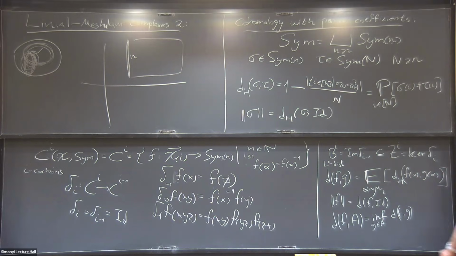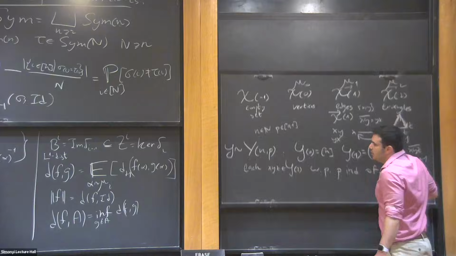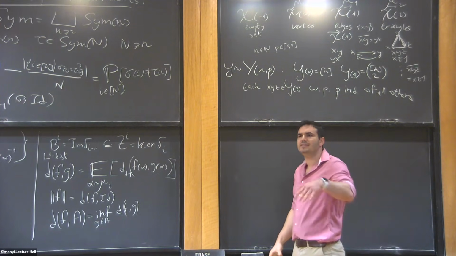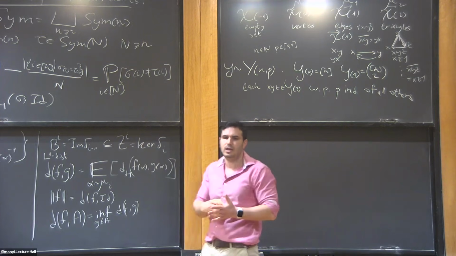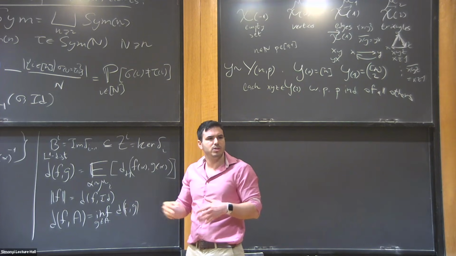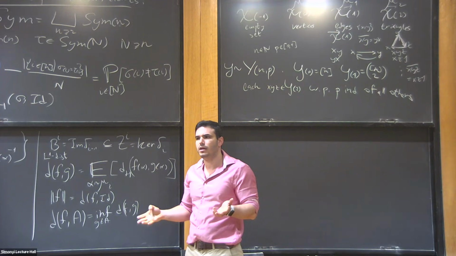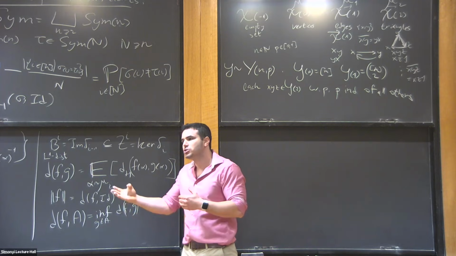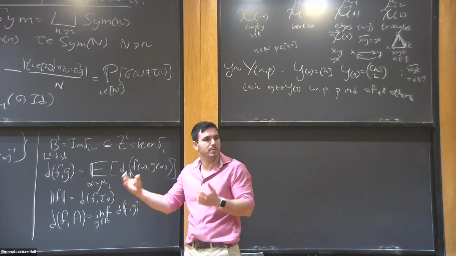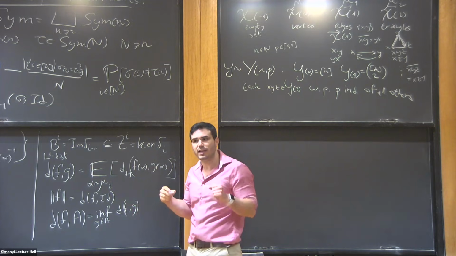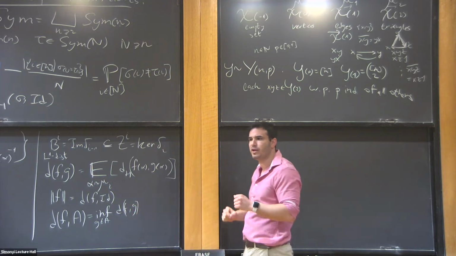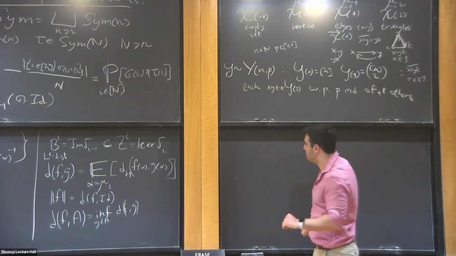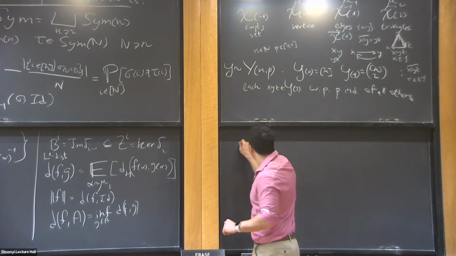If you remember last week, in the Linial–Meshulam paper, they chose for every equivalence class the function with the minimal norm, the minimal Hamming weight. That's what we did last time, and I called it calligraphic F. Now I'll do it a bit differently, but it's equivalent.